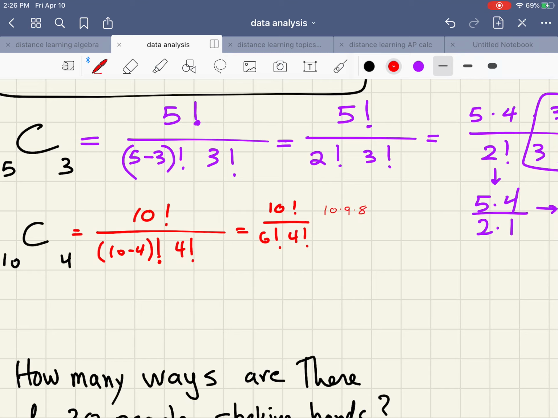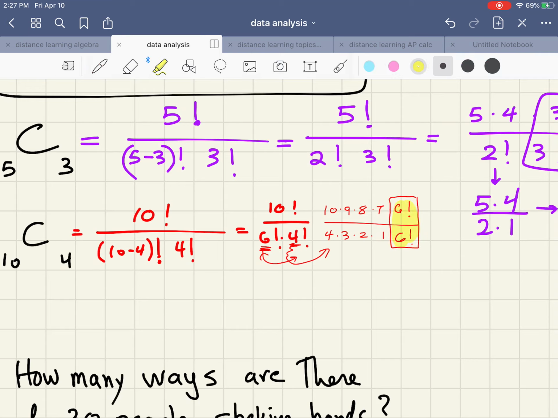The top is going to simplify down to 10 times 9 times 8 times 7 times 6 factorial. I'm going to just switch these because it's multiplication, and I can put the 6 factorial right under there. And saving myself a little bit of time, I'm going to write out what 4 factorial means: 4 times 3 times 2 times 1.